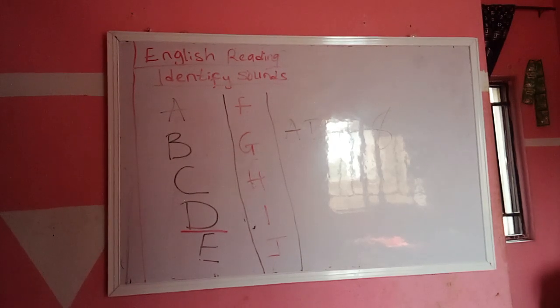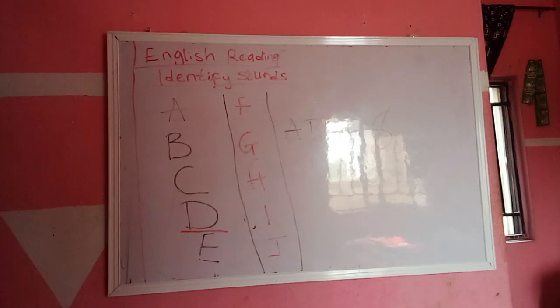So don't forget that anywhere you see letter A, you pronounce it as A. Anywhere you see letter B, you pronounce it as B. Anywhere you see letter C, you pronounce it as K. Anywhere you see letter D, you pronounce it as D. Then whenever you see letter E, you pronounce it as A, unless it is in two-letter words. I hope we are together.